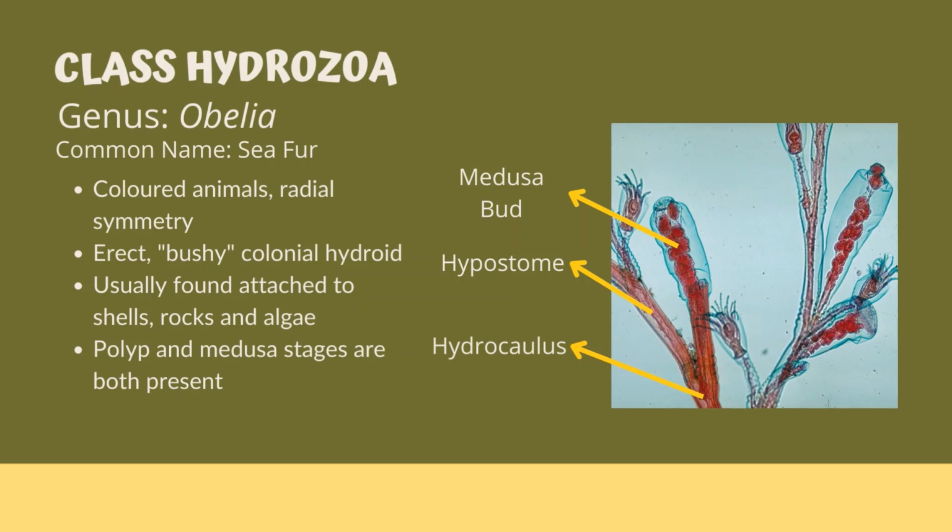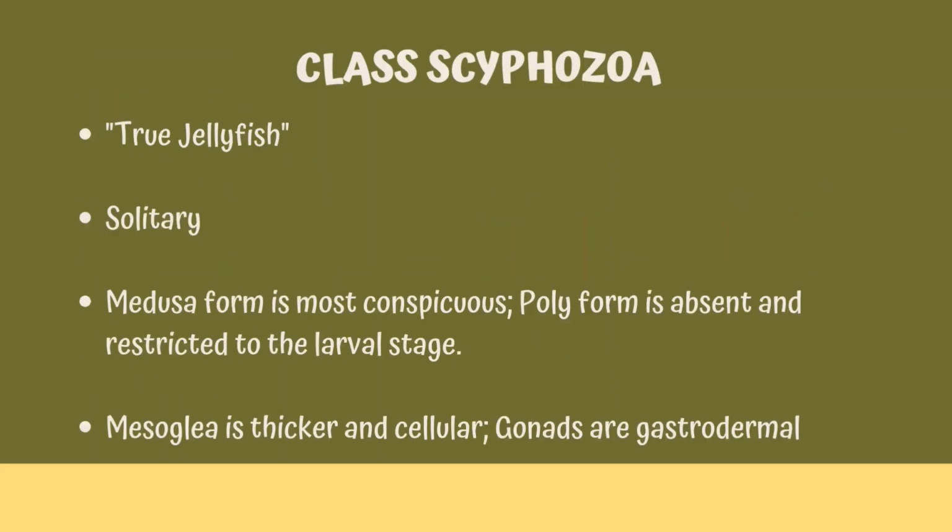The polyp and medusa stages are both present in their life cycle. The polyp form can be seen by the naked eye, but the medusa form is microscopic. We can see here from the image the medusa bud, hypostome, and hydrocaulus.